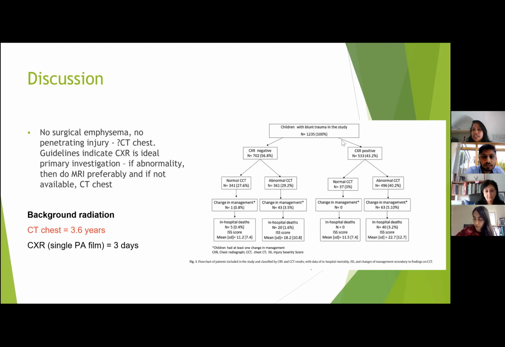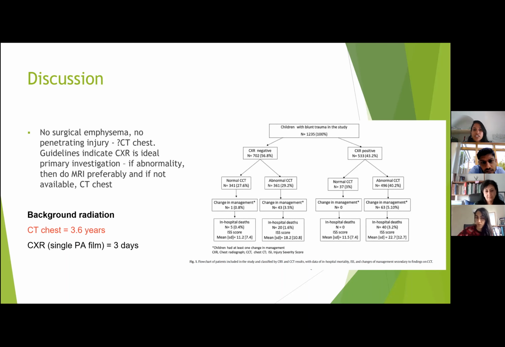But if you look at the right-hand side of this flow chart, this only changed about 5% of management in all the children. And this could be as simple as having an extra day's observation. So they did not think that this was significant enough to warrant CTing every child.